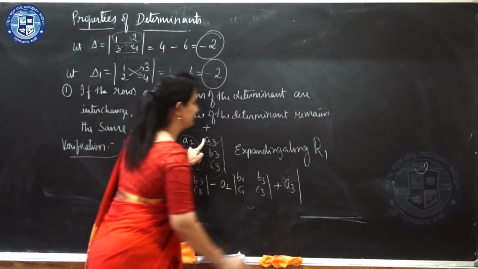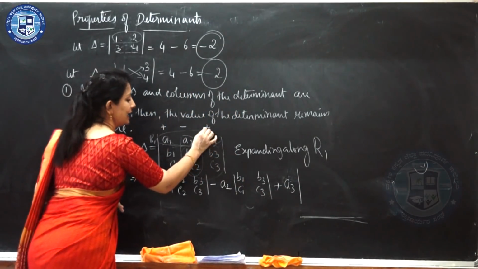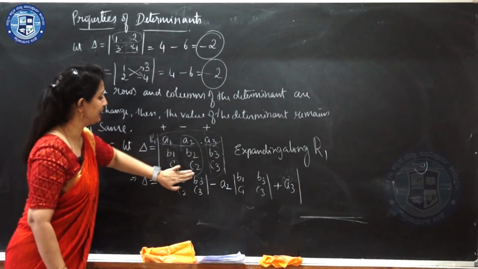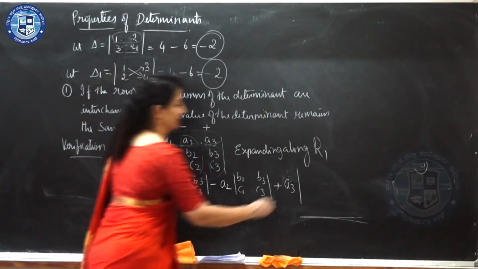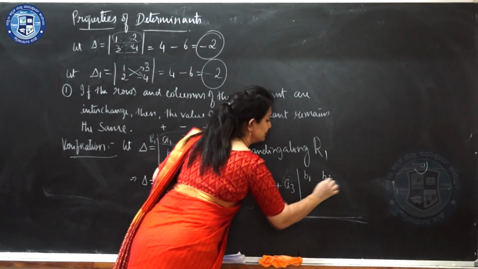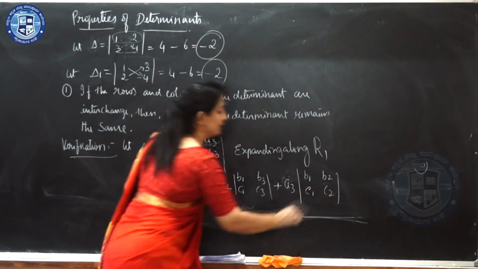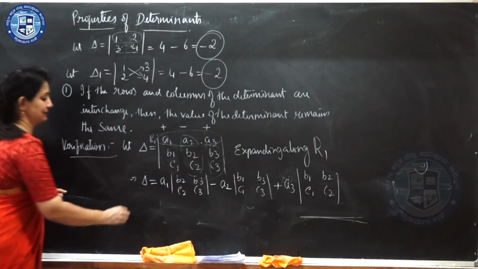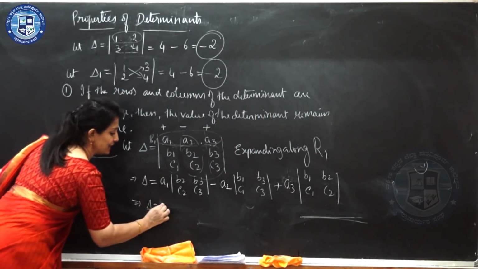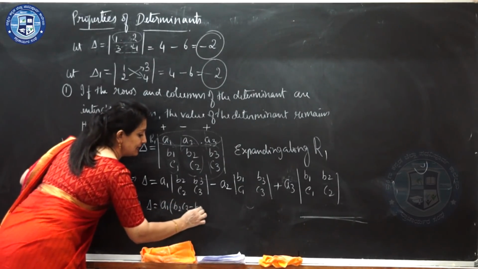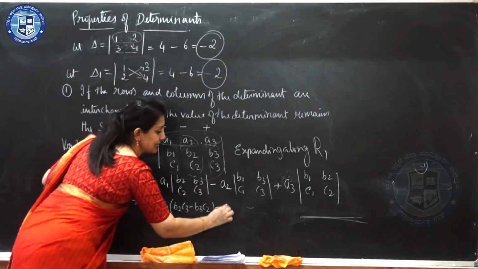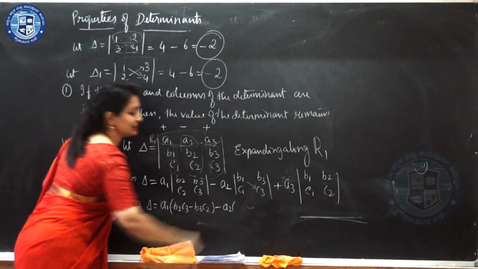A3 into, delete the first row and the third column. What are the remaining elements? B1, B2, C1, C2. Now we know we can expand this. That implies delta is equal to A1 into B2 C3 minus B3 C2, minus A2 into, cross multiply students.